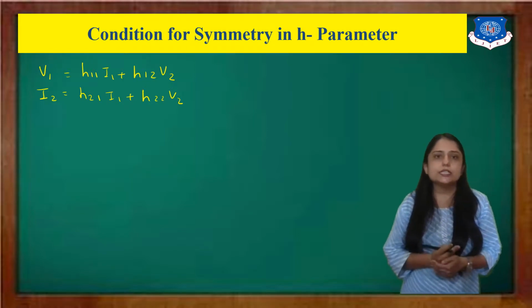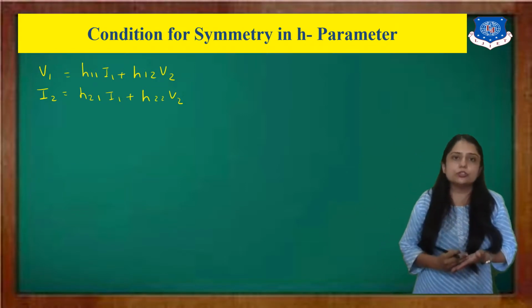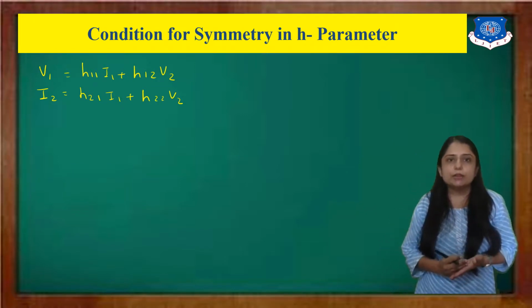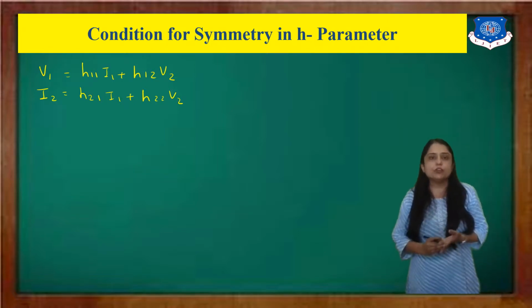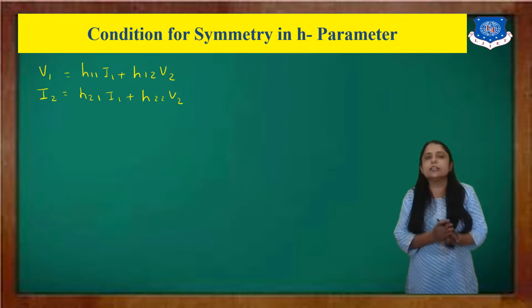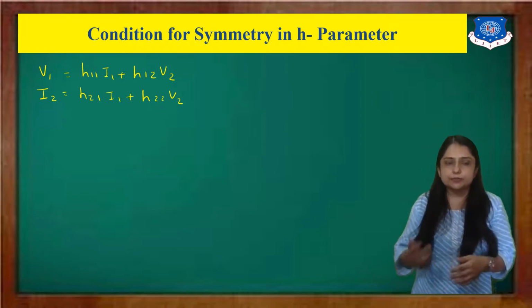Then we can say that my network is a symmetrical network. So you have to use this condition in each and every parameter, except Y parameter. In a Y parameter, my condition is that input admittance should be equal to output admittance.